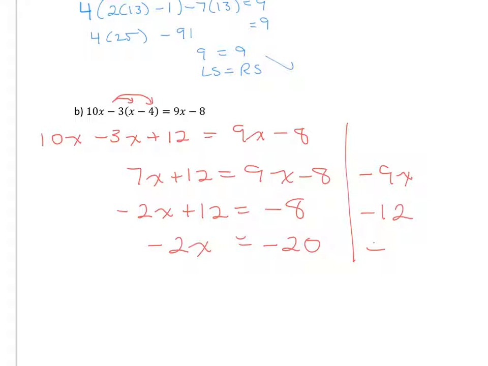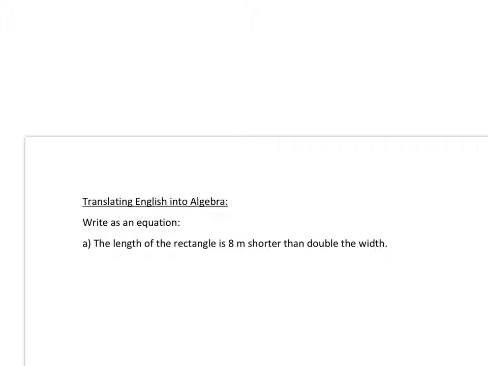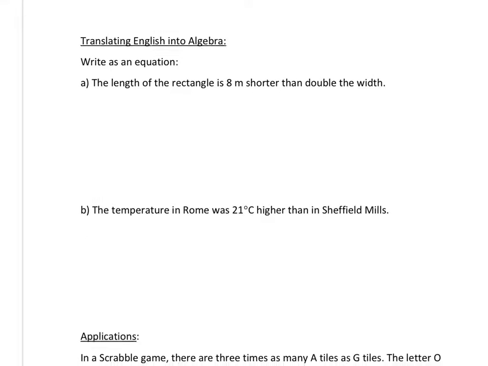Now I'll divide both sides by negative 2. So now I have x equals positive 10 as my solution. And again, I could substitute that in, and I have to double check my work, and so just trust me, it is correct.